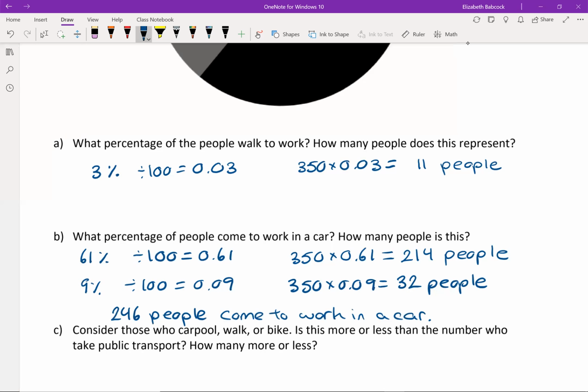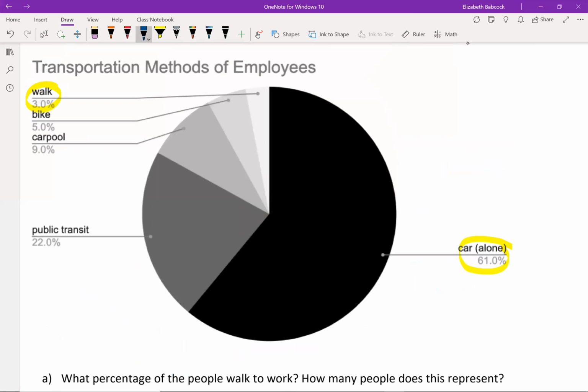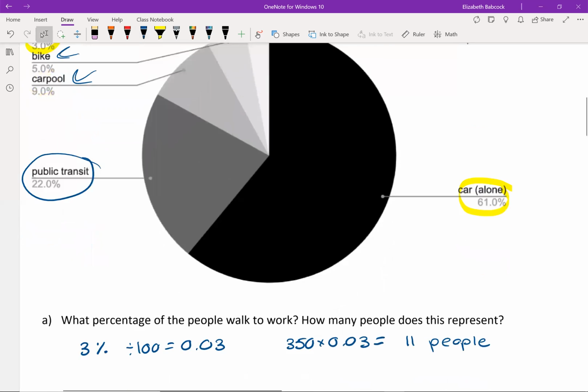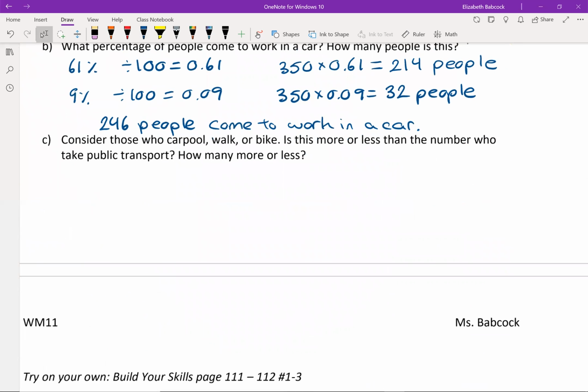Now we're going to consider those who carpool, walk, or bike. Is this more or less than the number who take public transit? We are going to combine walk, bike, and carpool and see if we get a number greater than 22. To do this, we can simply add up the percentages: 9% plus 5% plus 3% is 17%.